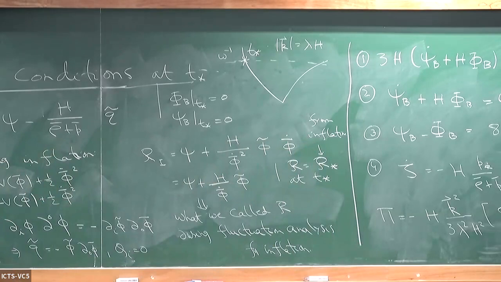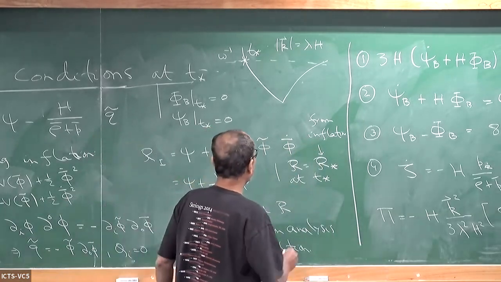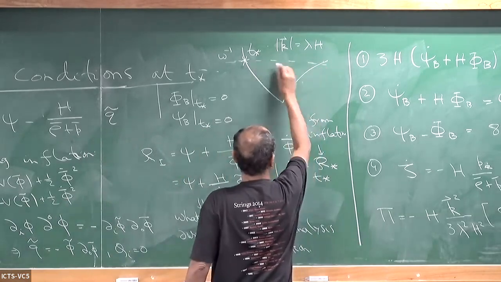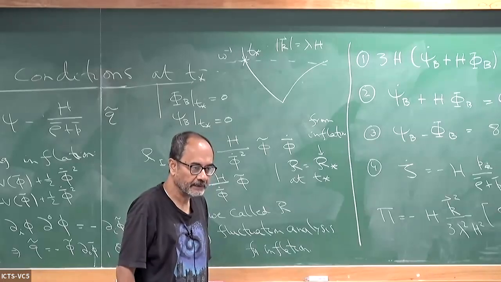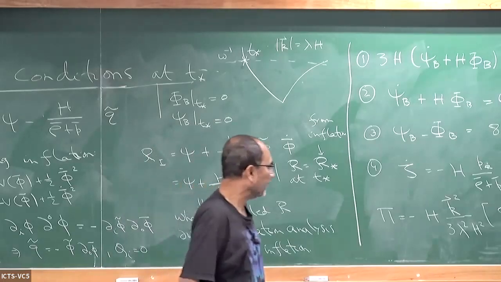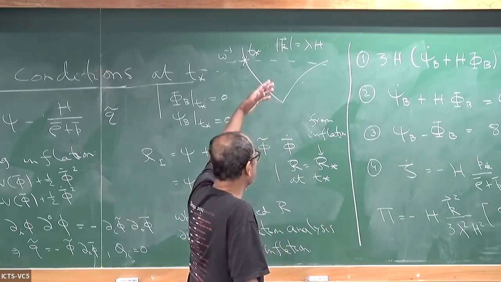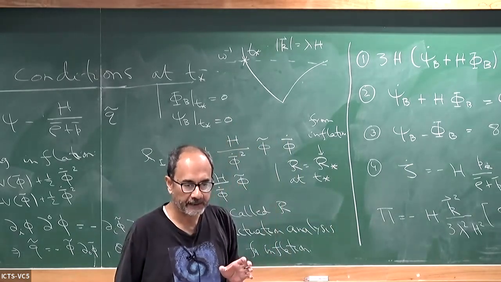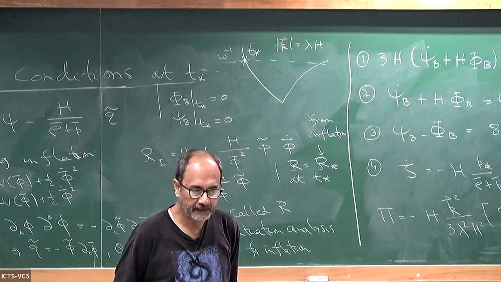Okay, so now we are going to discuss an approximation. As long as you are super horizon, that means as long as omega inverse or mod k inverse is larger than lambda inverse H inverse, we expect the equations to simplify, because the microscopic physics shouldn't affect the evolution.